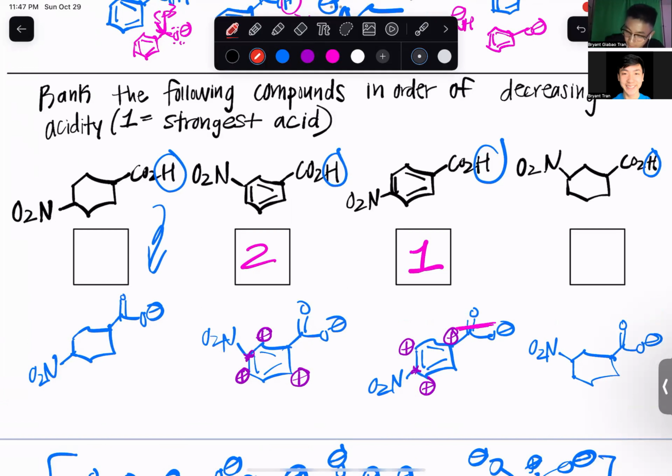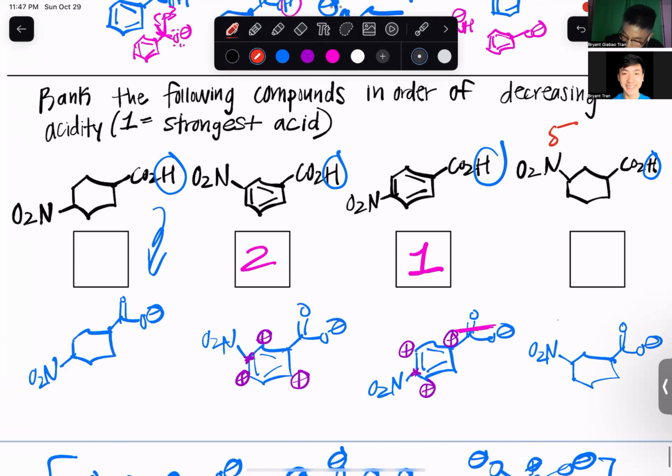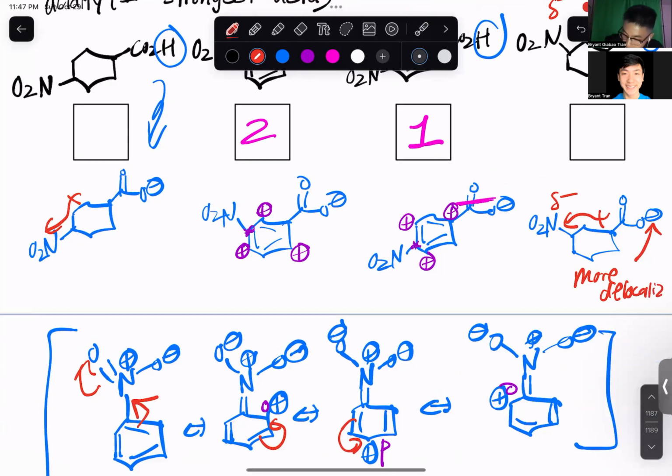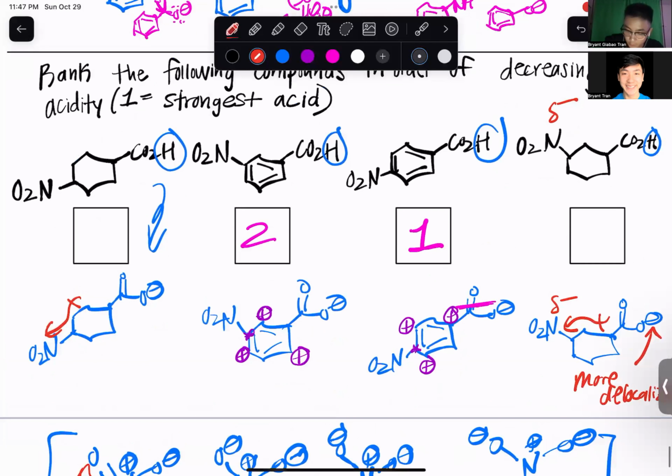We notice that the very electronegative nitrogen here is going to withdraw electrons from this negative charge more closely, whereas this nitrogen is farther away, so it's not going to withdraw as many electrons. So that means that the negative charge is more delocalized, making it more stable. And with a more stable conjugate base, it's a weaker conjugate base and therefore a stronger acid. So this would be 3 and this would be 4.